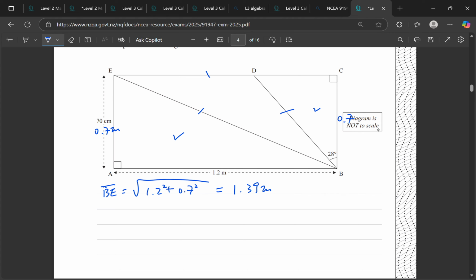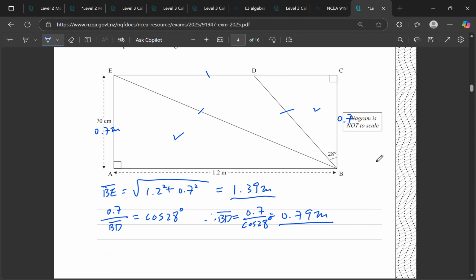So 0.7 over BD equals cosine 28 degrees. Hence BD equals 0.7 over cosine 28. That gives me 0.79 meters.